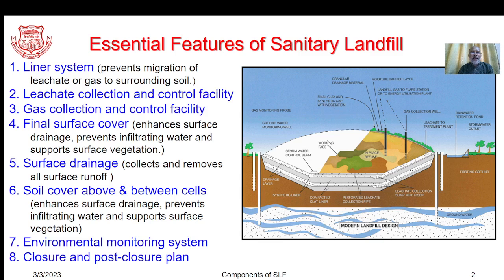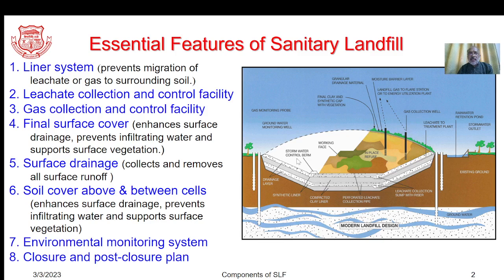It won't let in infiltrating water. As well, it will support even the vegetation that we wish to grow on the topmost layer. Further, we provide certain drainage layers as a surface drainage here.